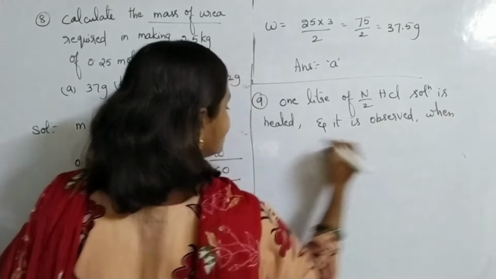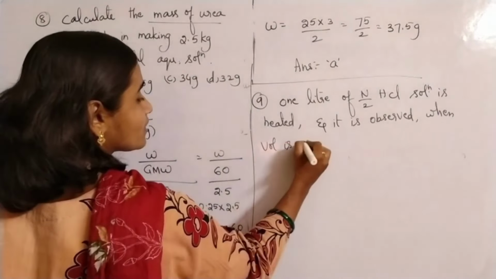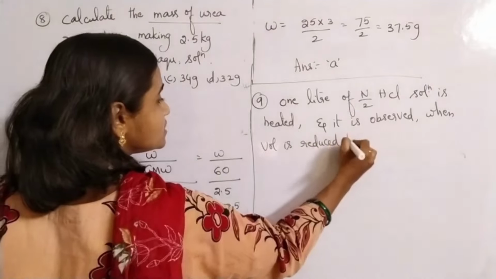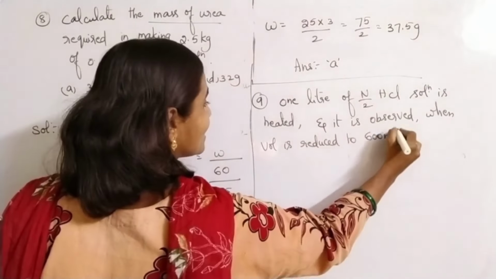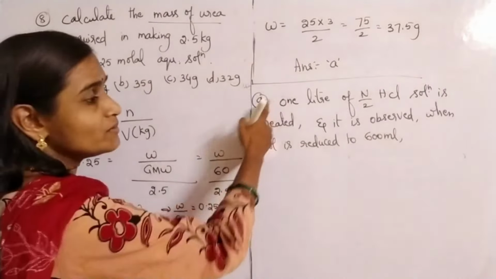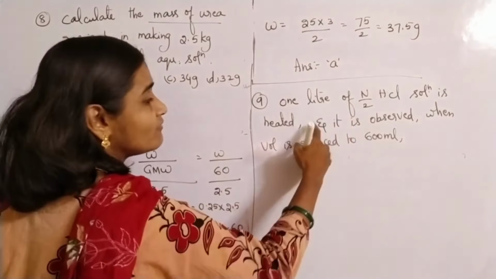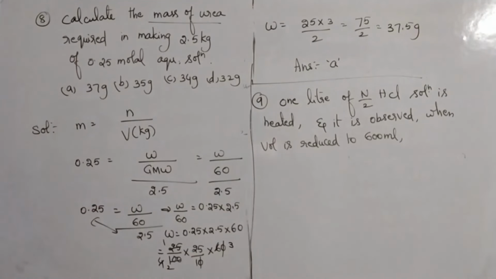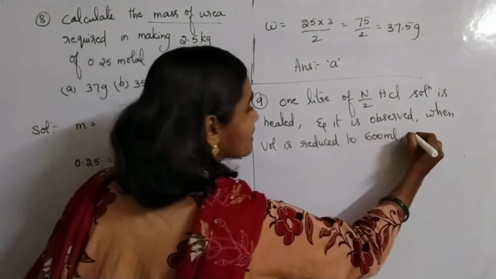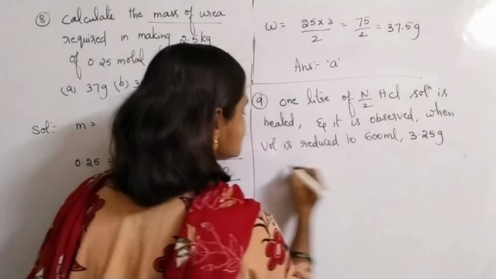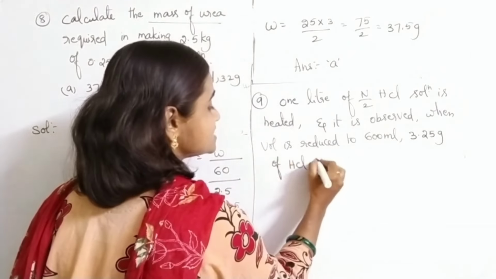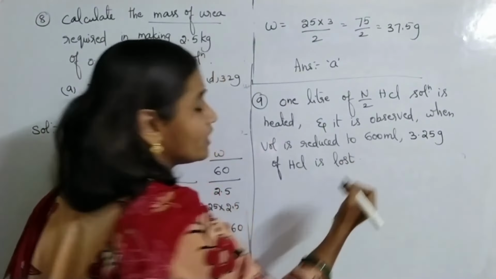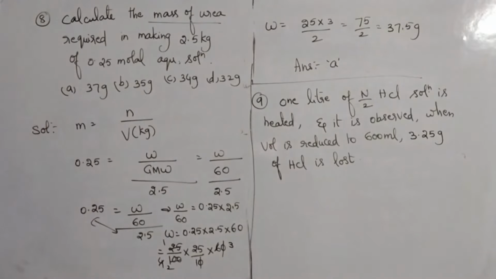when the volume is reduced to 600 ml, from the 1 liter initially taken, then 3.25 grams of HCl is lost.